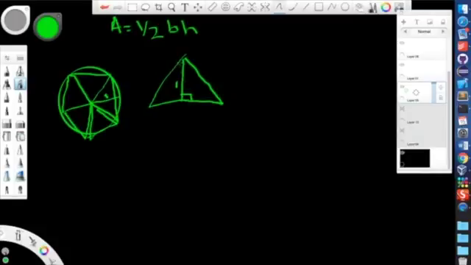Now what else can we figure out? Well, we know that a circle is 360 degrees. So we can find out the angle of this by dividing 360 by 5, since there's 5 triangles. 1, 2, 3, 4, 5. 360 divided by 5 equals 72.